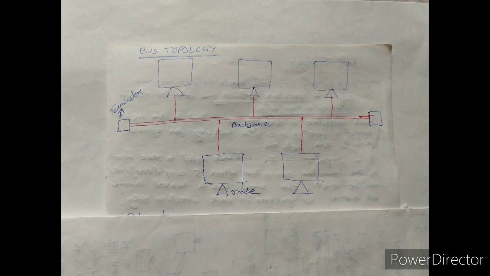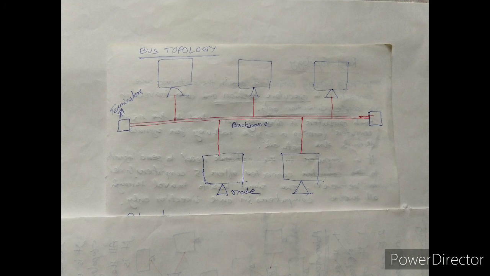All the computers are connected to the single bus, and one of these computers will act as a server. Every computer is a node in this network, and at both ends of the bus there will be a small device called a terminator.